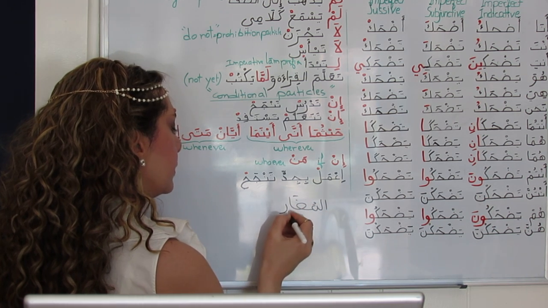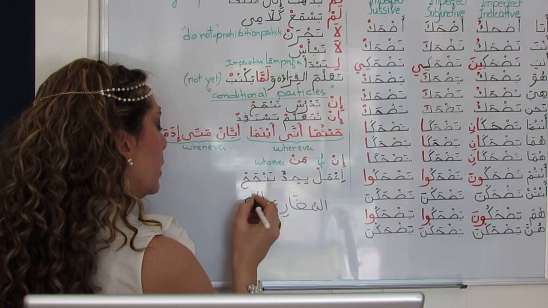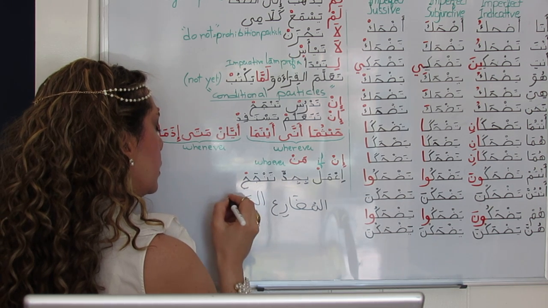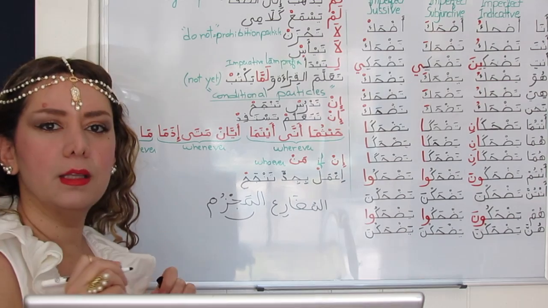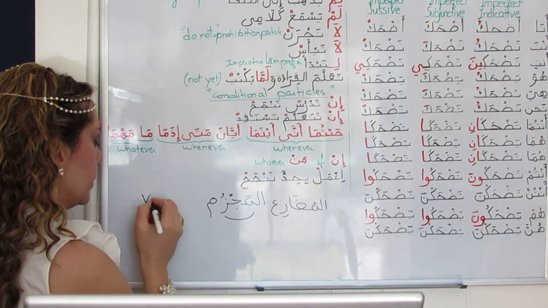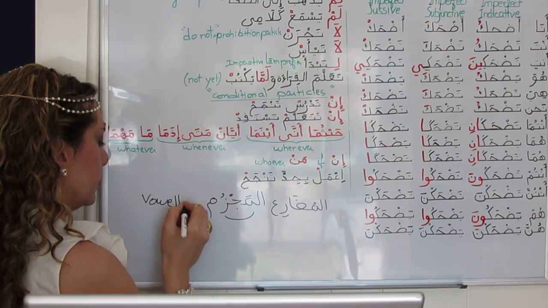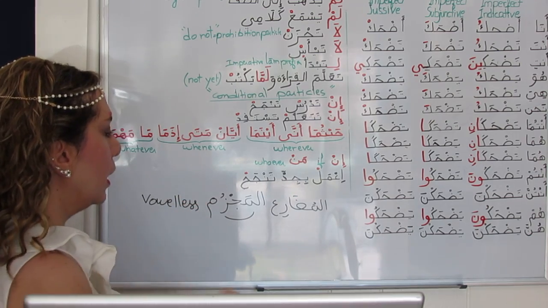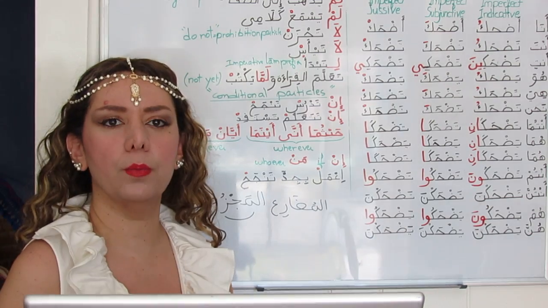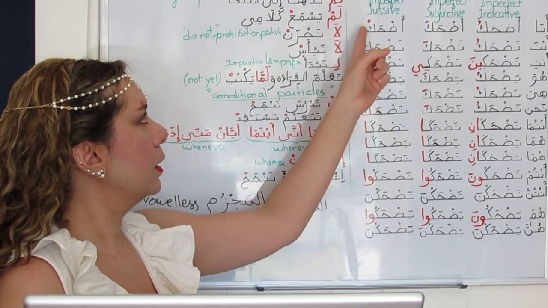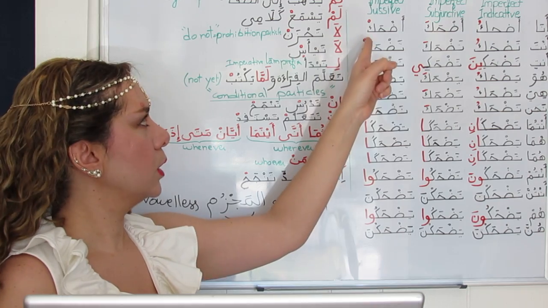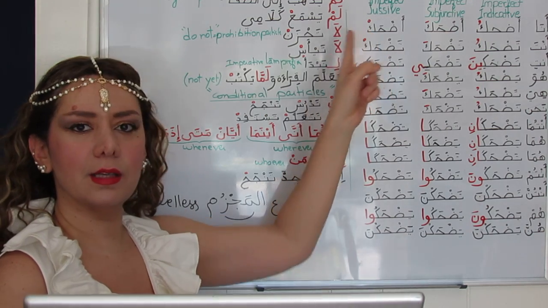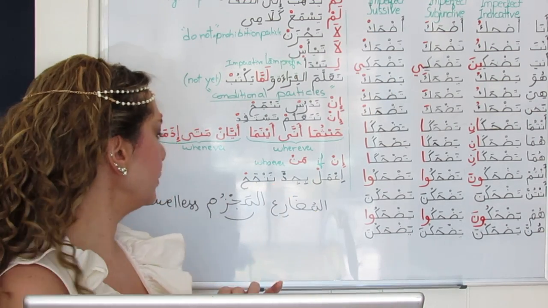المضارع المجزوم. مجزوم means vowelless, because the conjugated verb ends in sukun, so the last consonant is still.